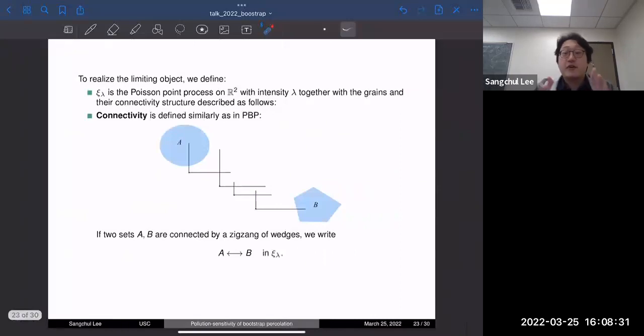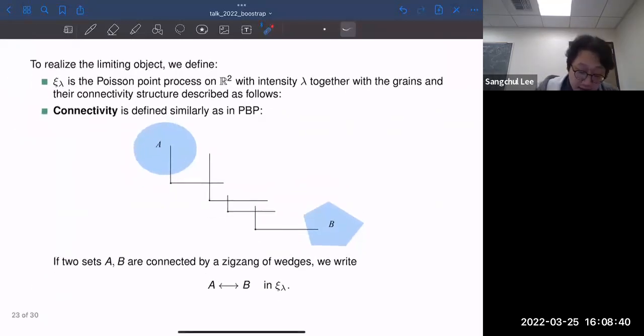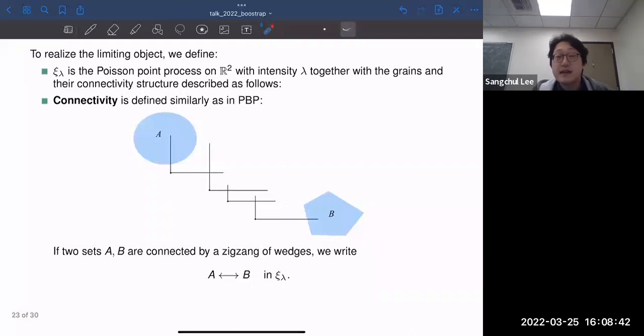Okay, so it's a little bit of a weird way in which the grain arises, but that's how we're going to describe the limiting object. Also, the connectivity is just the same as before. So yeah, overlapping wedges will form, or are considered to be, connected.